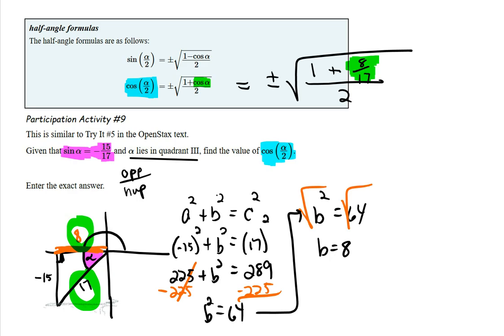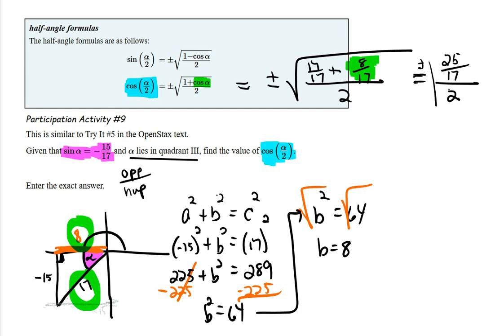And I'm supposed to simplify this. Let's see. I would change my 1 whole to 17/17. And when I add the 17 plus 8, I get 25/17 over 2.